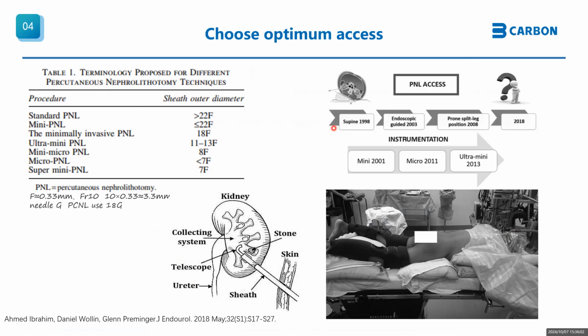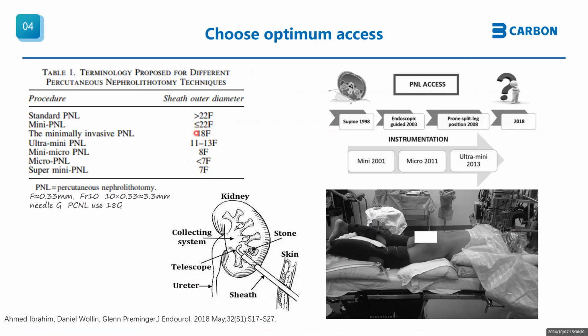Okay, and then for the access size, clinically there are a lot of shaft diameters. In clinical practice, 18F is used, very common in China.